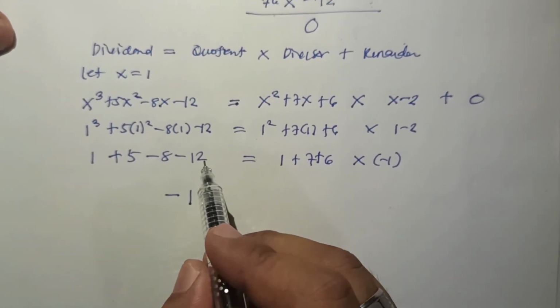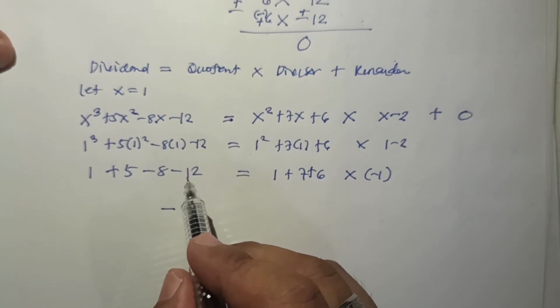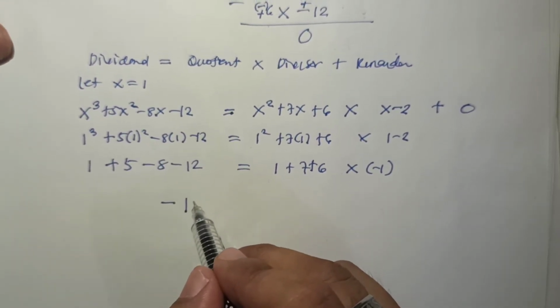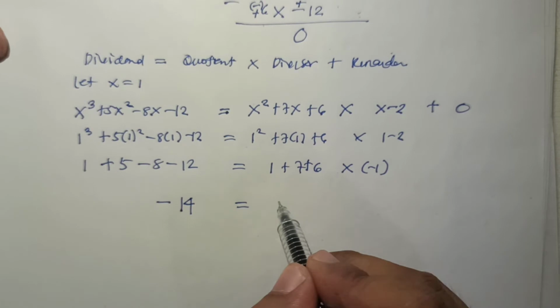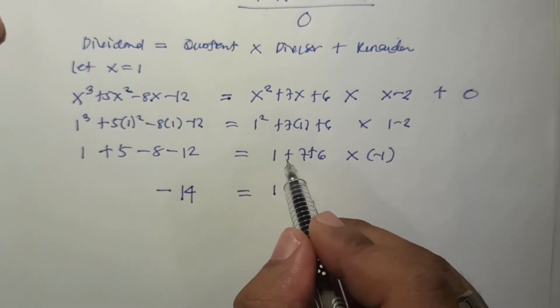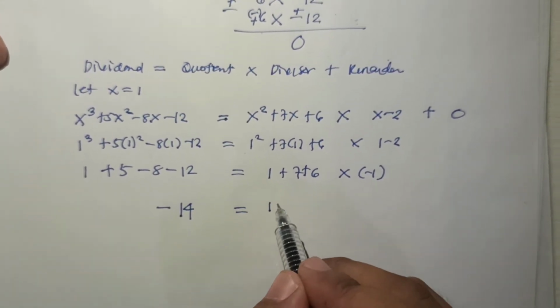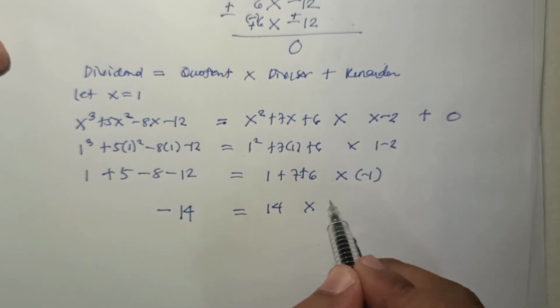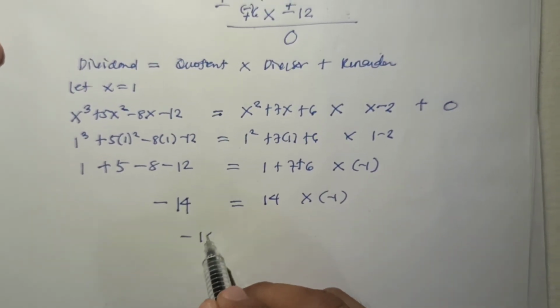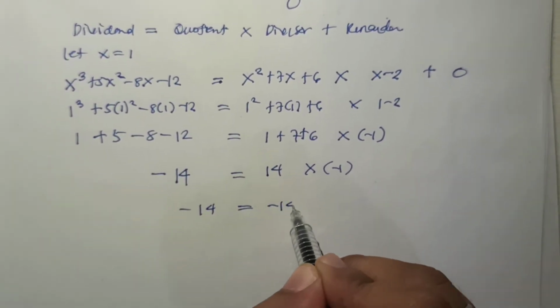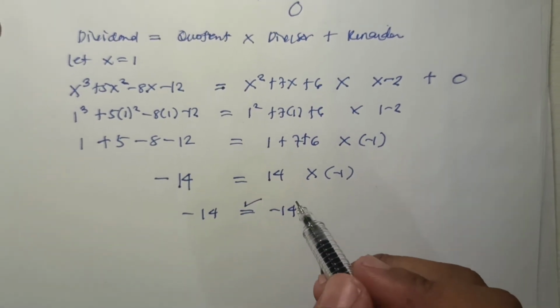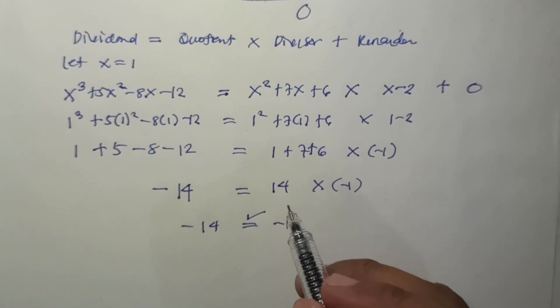Negative 8 minus 12 is negative 20, plus 6 is negative 14. That is equal to 1 plus 7 plus 6, which is 14, times negative 1. So negative 14 is equal to negative 14. So check. The answer is correct.